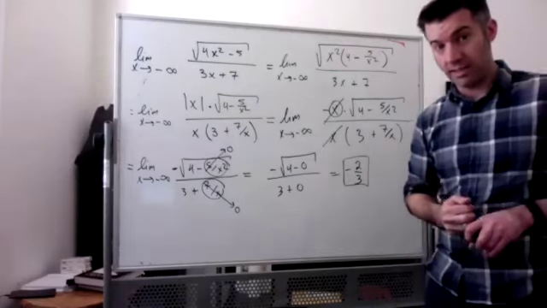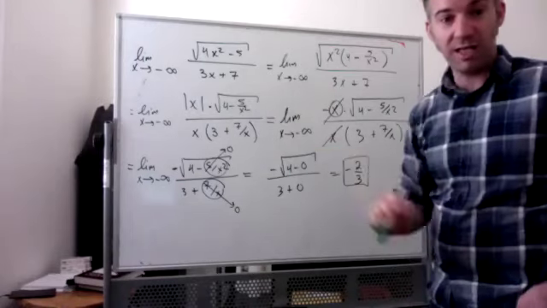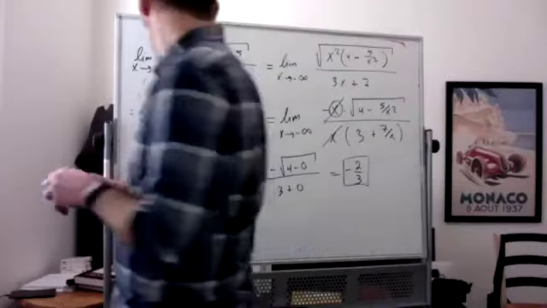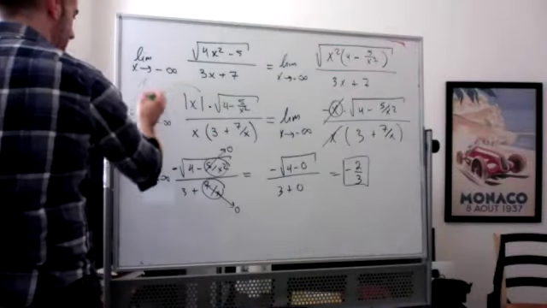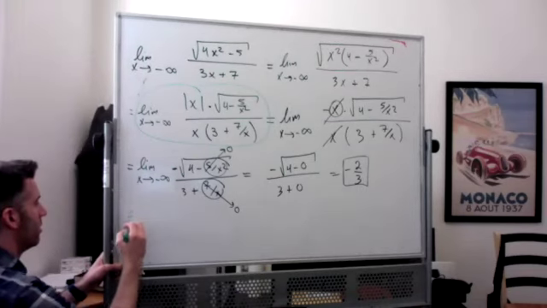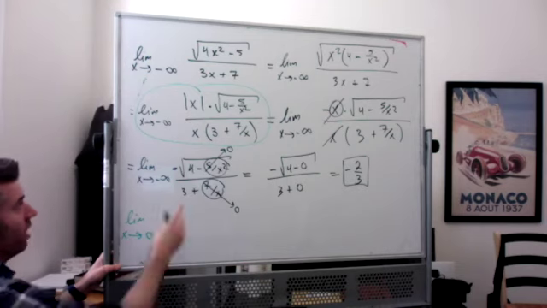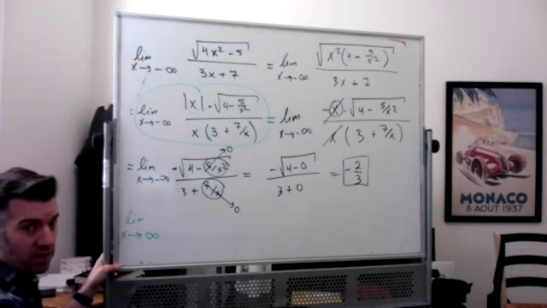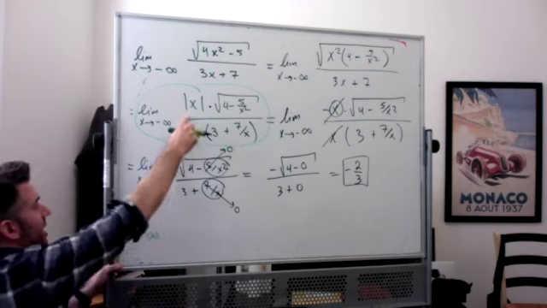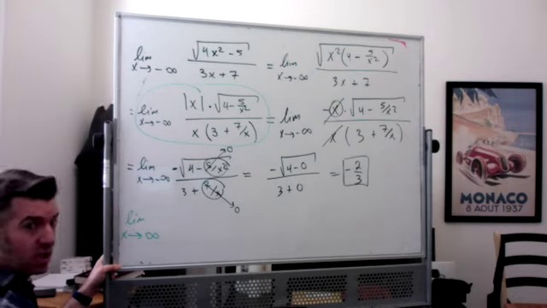To contrast this, if we took the limit as x goes to positive infinity, everything would be the same up until this point right here. But if we were doing the limit as x goes to positive infinity of the absolute value of x times the square root of 4 minus 5 over x squared, over x times 3 plus 7 over x, then since x is positive, the absolute value of x is just x.